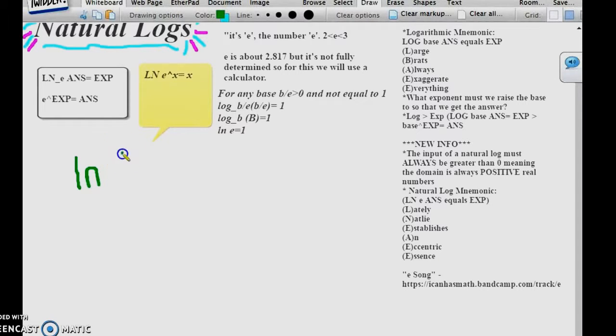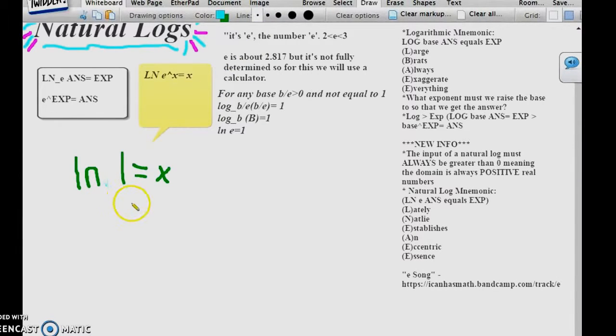So I'm just going to write the natural log of 1 equals x. And what I always do first is tell myself that there's an e here, so I'll write a little hidden e. That way I can remember that's my base and I have to raise it to some power of x.